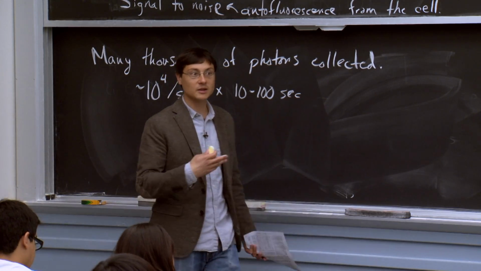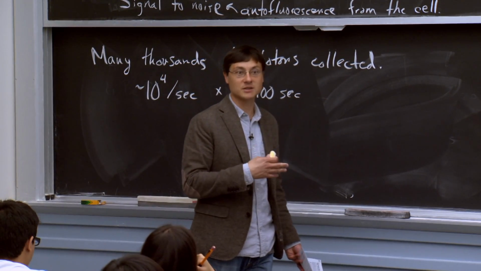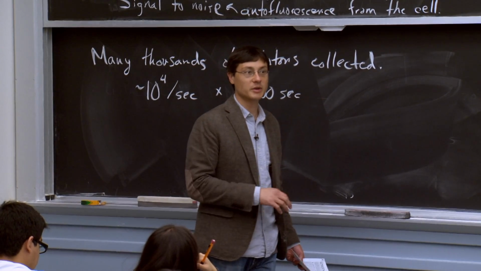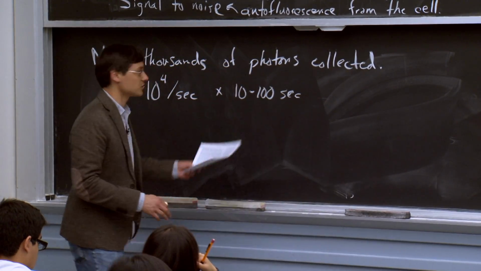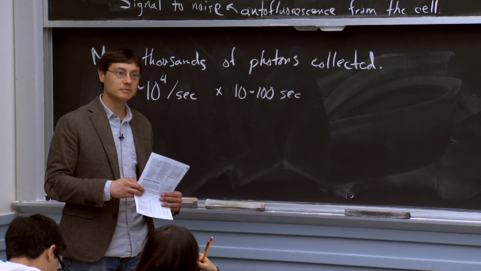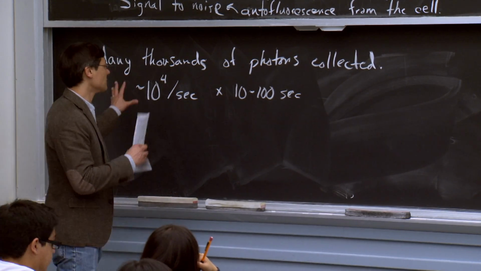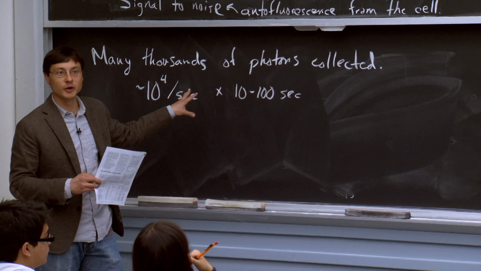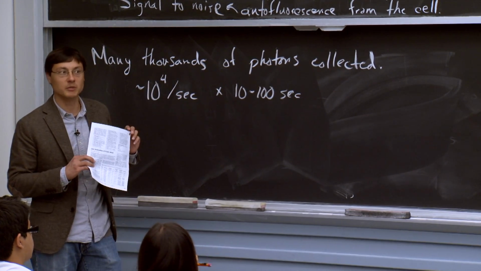In this case, it actually bleached faster. We'll see. But this is kind of what you might be able to get also if you use organic dyes, rather. This gives you some sense that there's a fair number of photons that you could, in principle, collect from a single molecule.